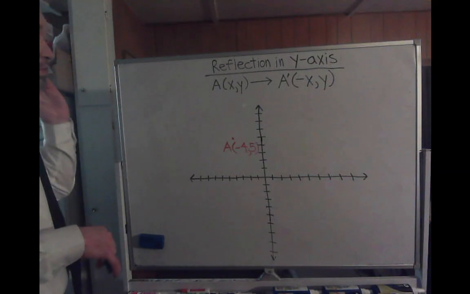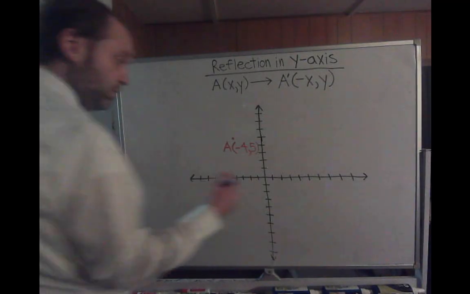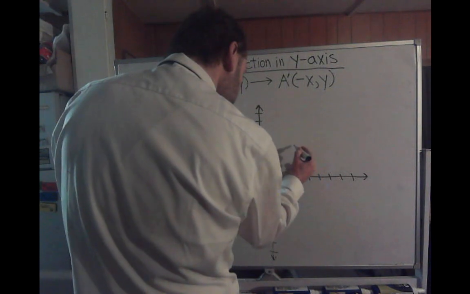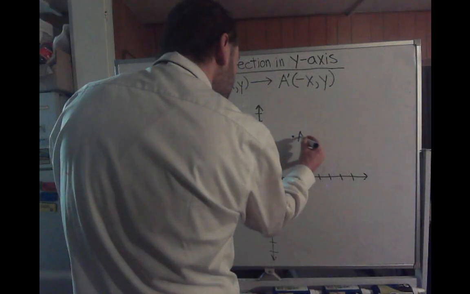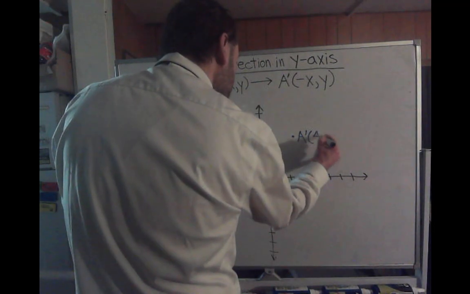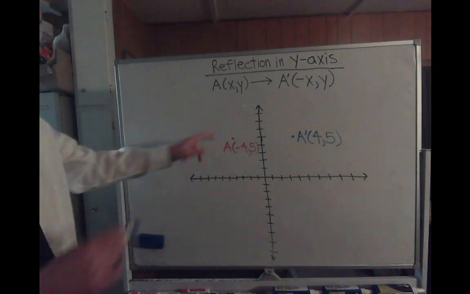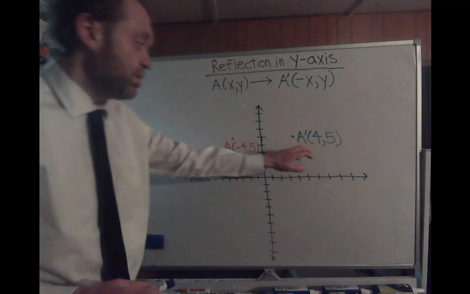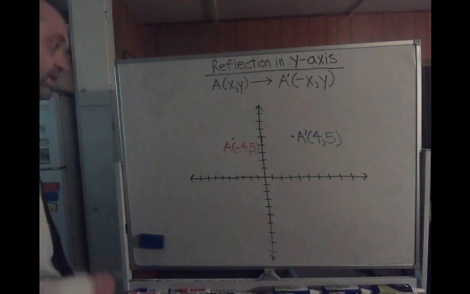To reflect in the y-axis, you'll negate your x-coordinate, so -4 is +4, but you leave your y-coordinate alone, which means my A prime would be at the coordinate positive 4, 5. So you see that reflection in the y-axis using this as a mirror. I've negated my x-coordinate, but I've left my y-coordinate intact. I've left it alone. That doesn't change it.